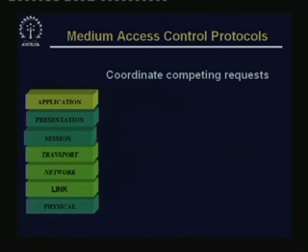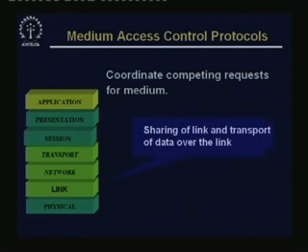Now, what medium access does is it coordinates competing requests. Requests for what? For the medium. That means there is a medium which may be an object of contention, meaning that several nodes may want to use it, and this medium access control protocol has to do with how to handle that.